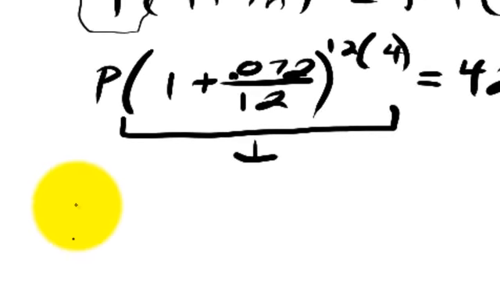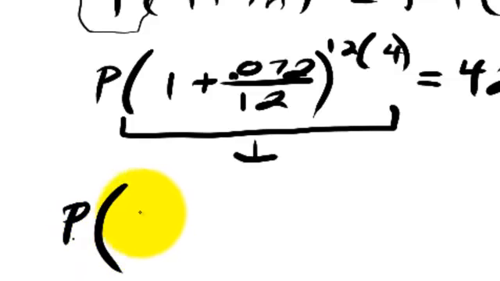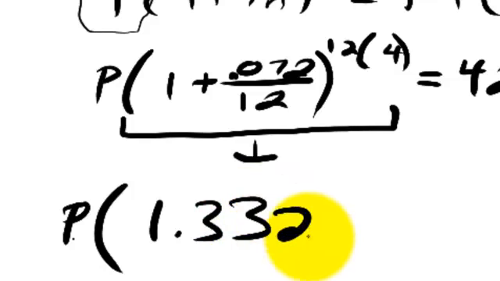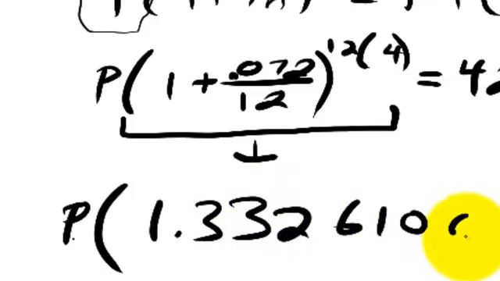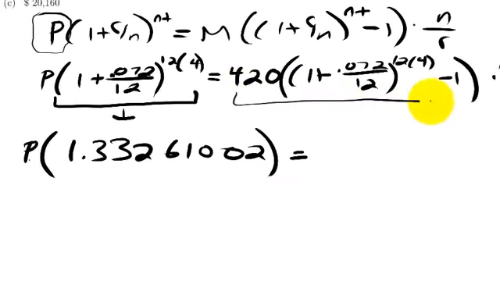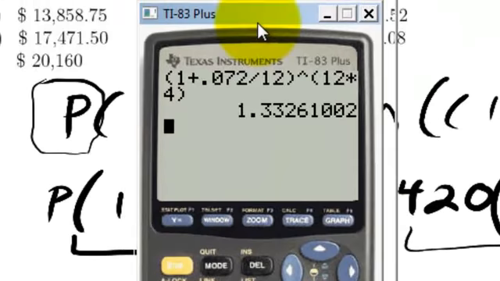So I got P, and then from the calculator, 1.33261002. Now I'm going to plug all of that into my calculator. That will be a little bit longer. Let's go ahead and do that.